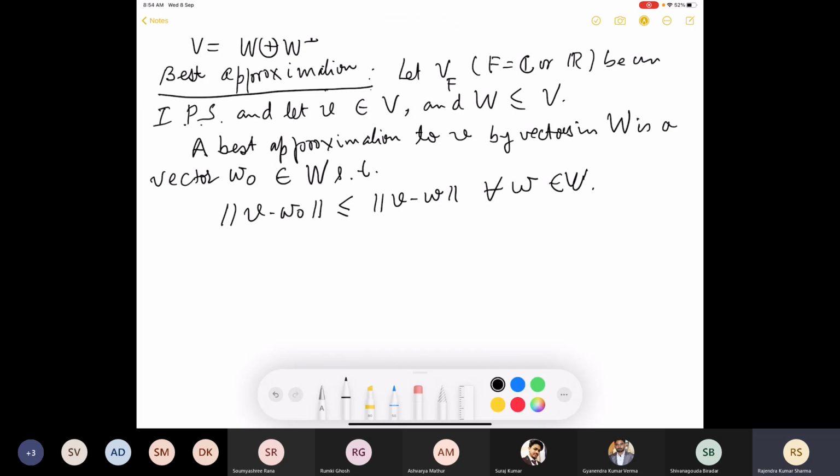So the length between v and w naught is always less than or equal to the length between v and every vector in W. Such a w naught, if it exists, is called the best approximation of v.